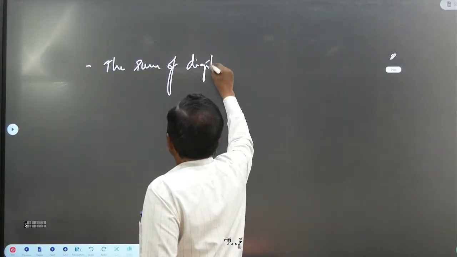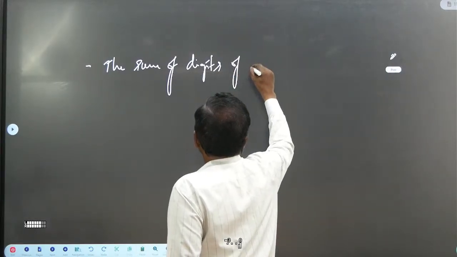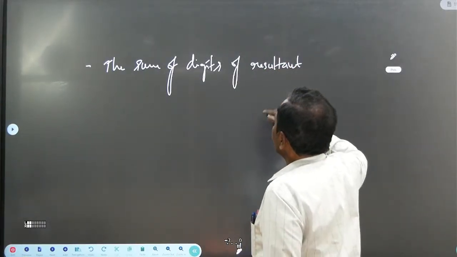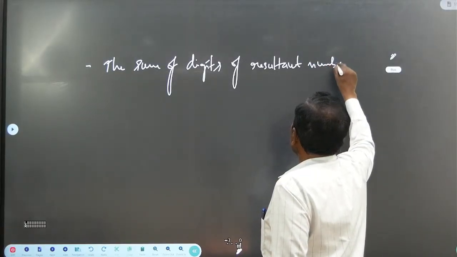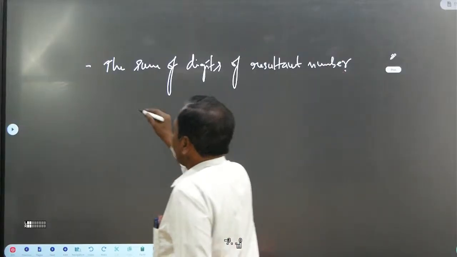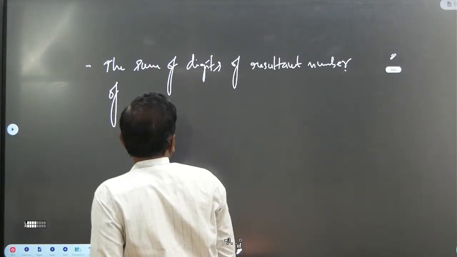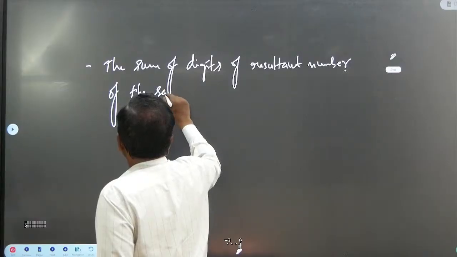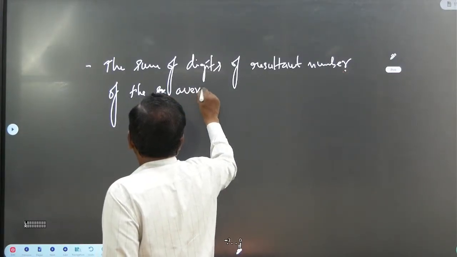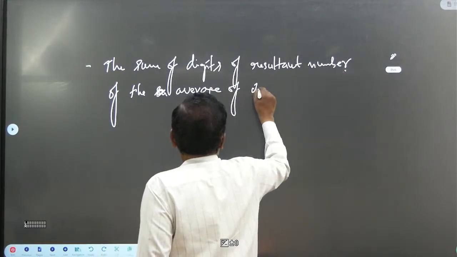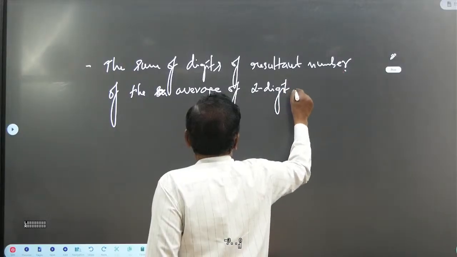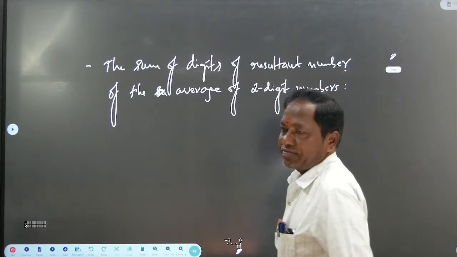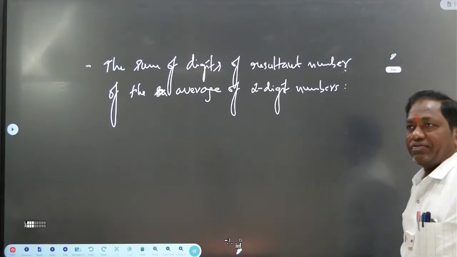The sum of digits of the resultant number of the average of two-digit numbers, right? See now, this is the CSAT pattern.